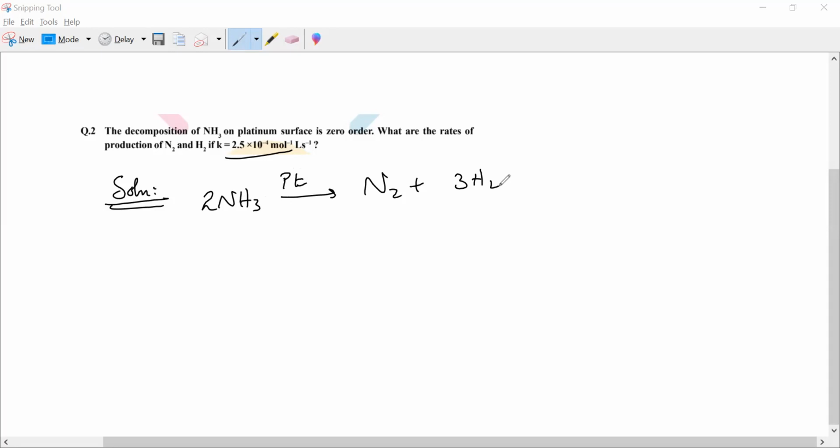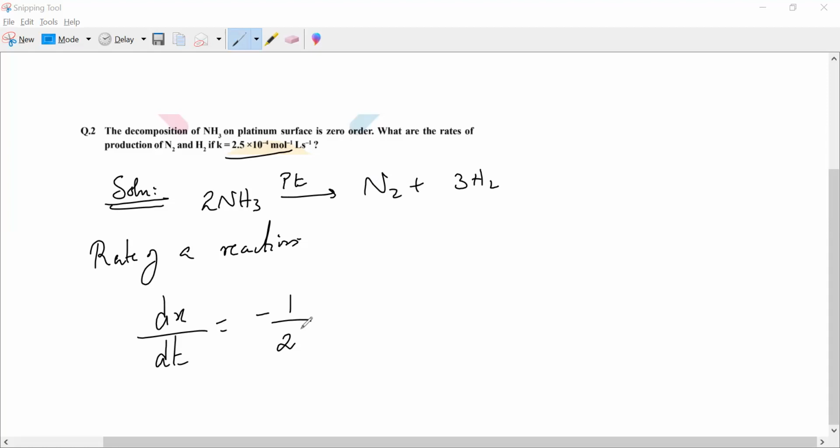What is the rate of the reaction here? If I want to write down the rate of reaction, dx by dt, I'll directly add the differentiation. Here there are 2 ammonia, so minus 1 by 2 d by dt of the concentration of NH3.